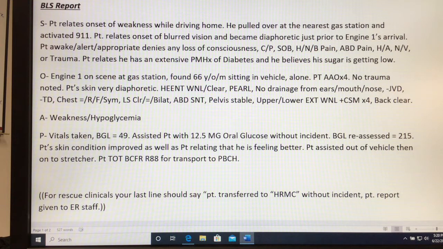It is okay if there is a family member or a caregiver or a police officer or maybe a bystander who witnessed the incident to be a good source of subjective information as well. Maybe your patient is altered, maybe your patient is unconscious and they're not able to tell you what happened. You may have to use somebody else to be that subjective source of information. So don't be afraid to use your resources around you.